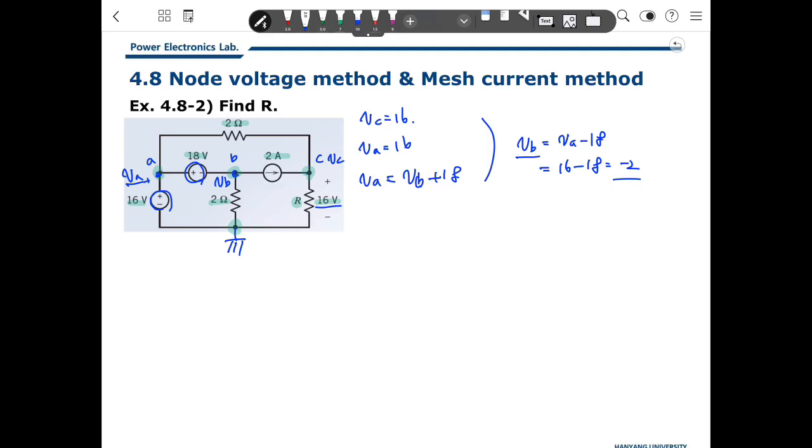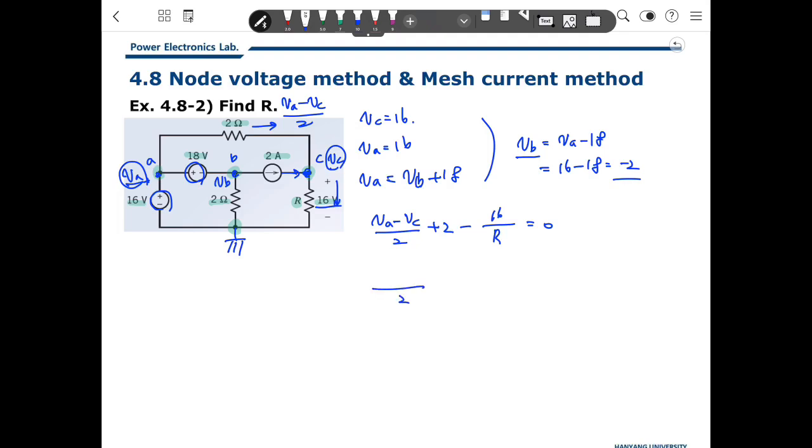Then because of this node C, we can write the node equation here. Because there is a VA, there is a VC, the current going is VA minus VC over 2, and going to here plus 2, and 16 divided by R is going out here, so minus, and it will be 0.